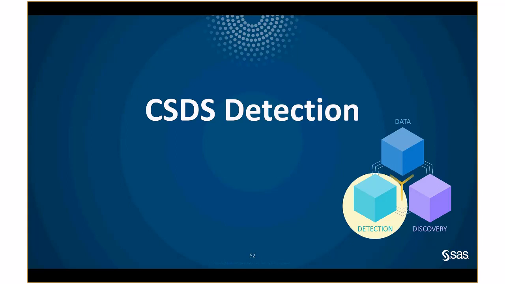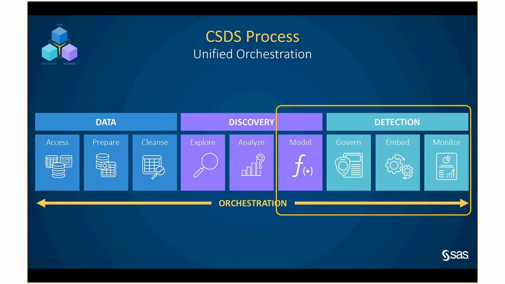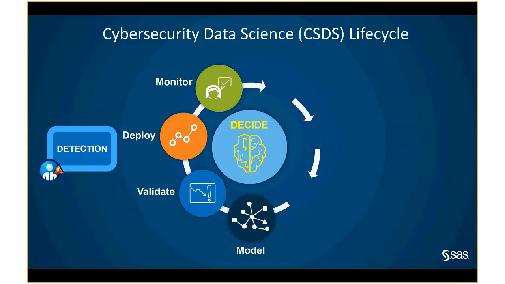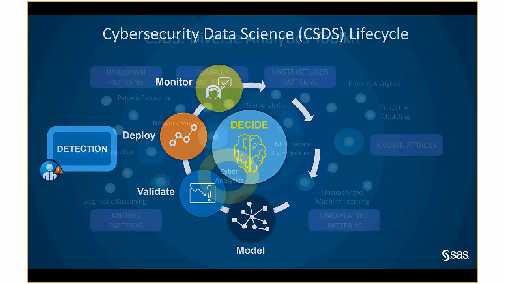But once that's done, we can really do detection effectively: if the groundwork has been laid and we set up a foundation, then detection models can be put into place. This is the point where we actually want to build detection models, validate those, and deploy them into operations.